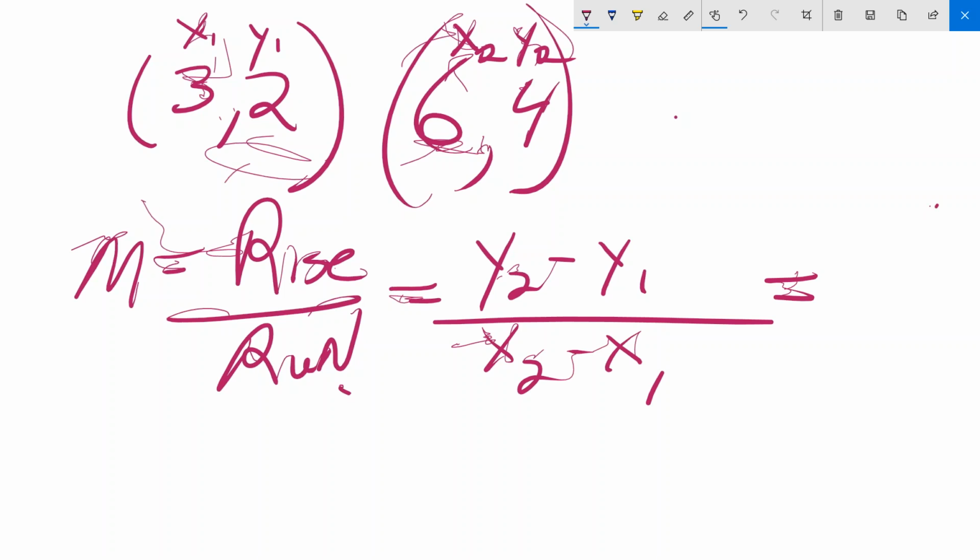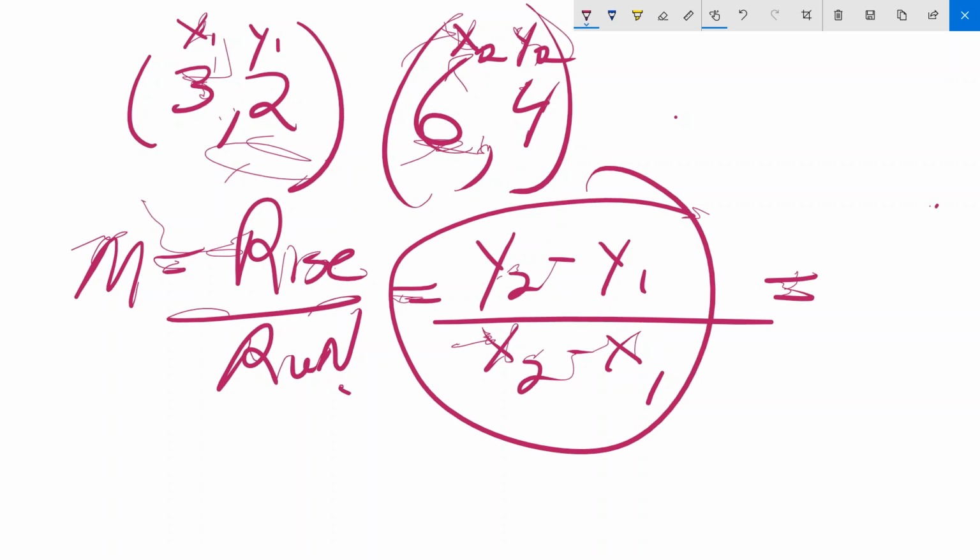Doesn't matter whether they're positive or negative. In the 2 points that I picked, they're both positive. What is y sub 2 minus y sub 1? It's 4 minus 2, correct? That's a positive 2.